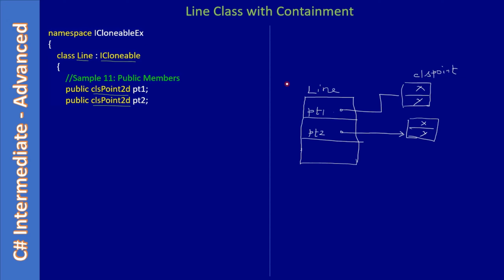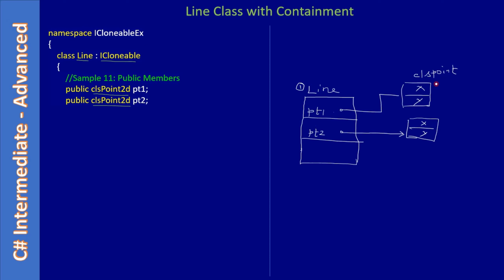So there are three objects involved here, or three objects in heap. One is a line. So when a user constructs a line object, that will go to heap. Then the line contains two reference members.